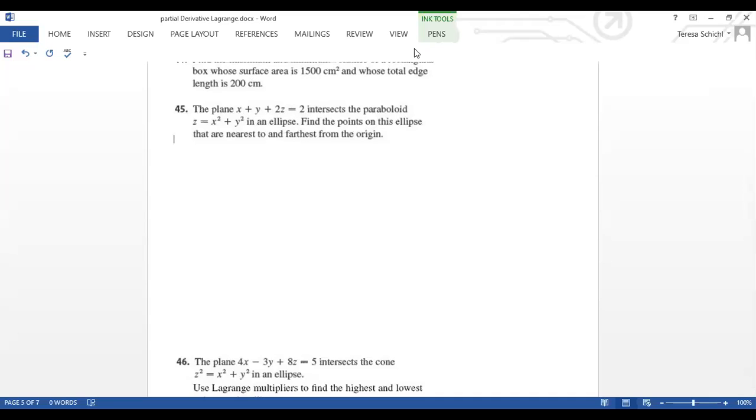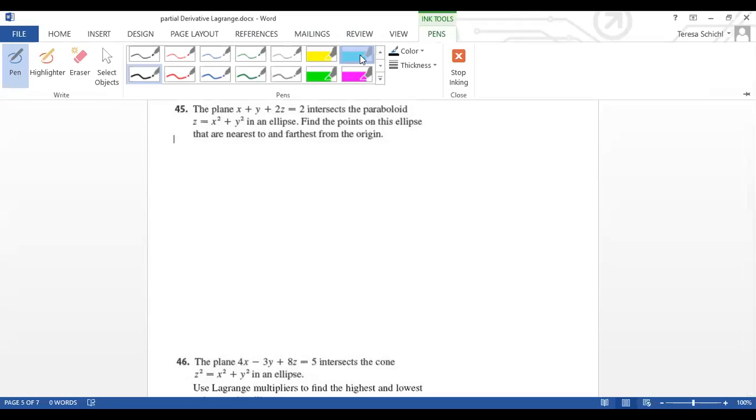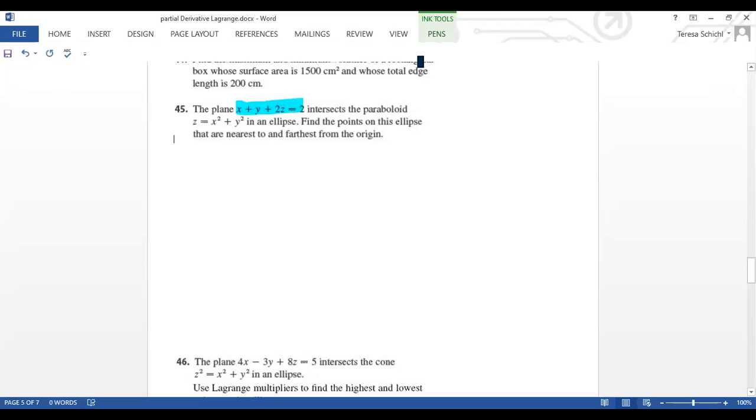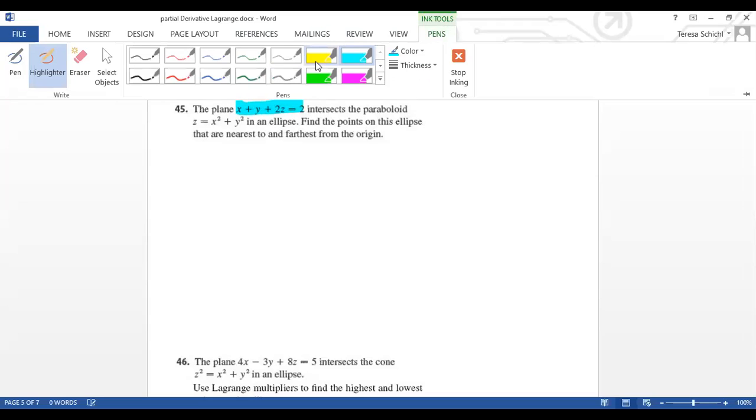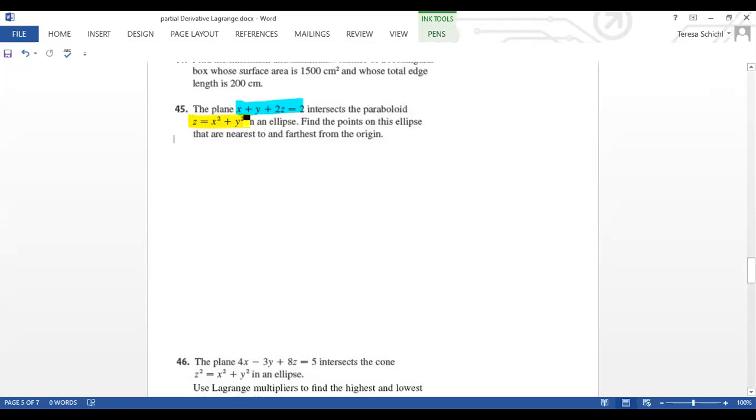Now I have 2 constraints here, right? The first constraint is this plane, which is going to intersect this parabola.